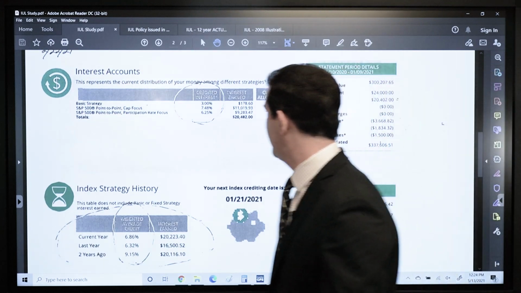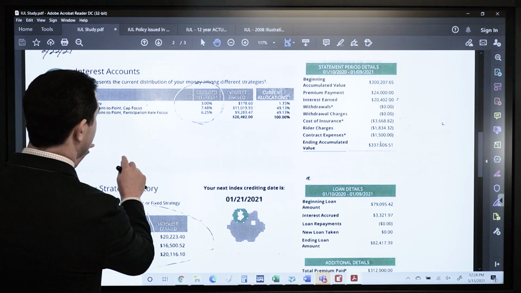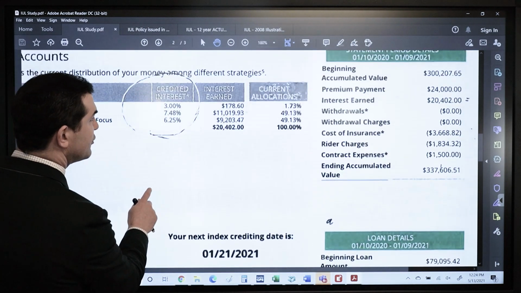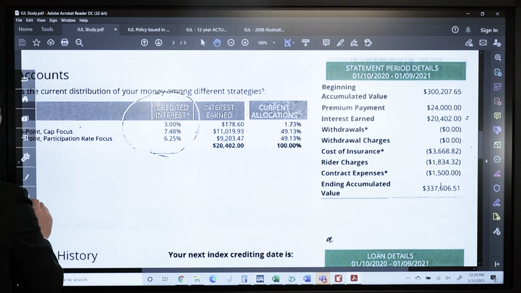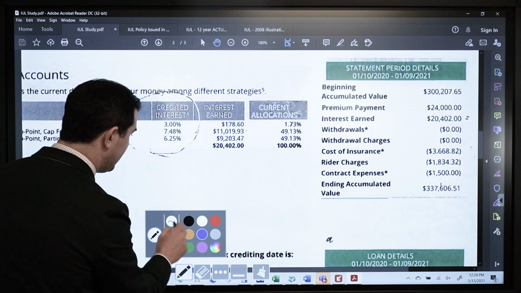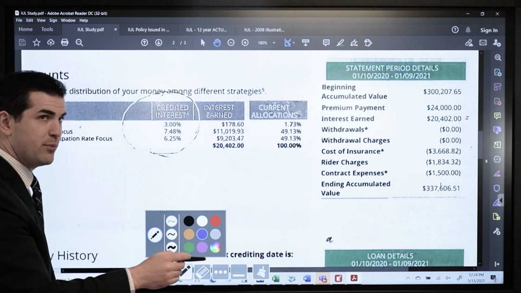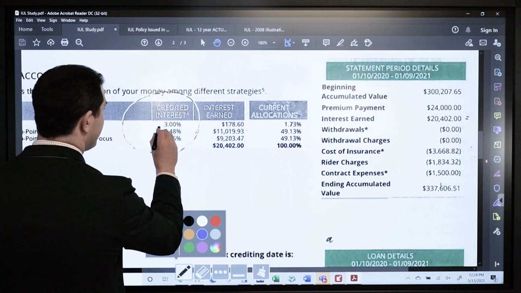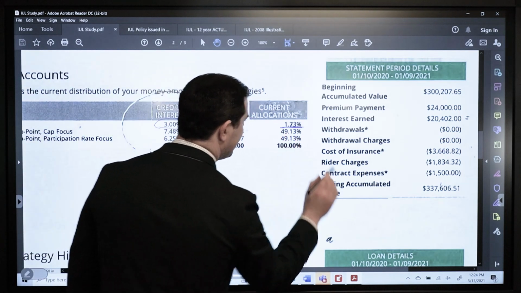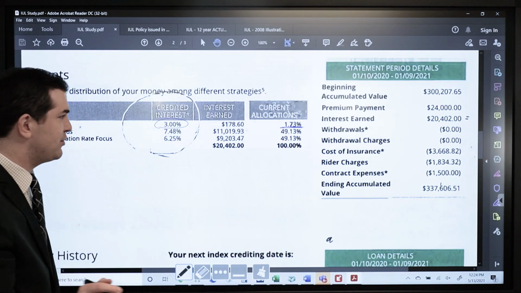Here's what I want to look at. Let's make this a little bit bigger because I don't want to have something with blurry numbers that I can barely see. So what we've got, different strategies as far as where his money is invested, and this was not a policy we put in force, to be clear. He's got a fixed account at 3%, and he's got a small allocation of cash value there, 1.73%.